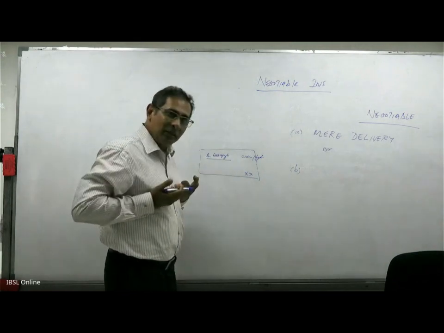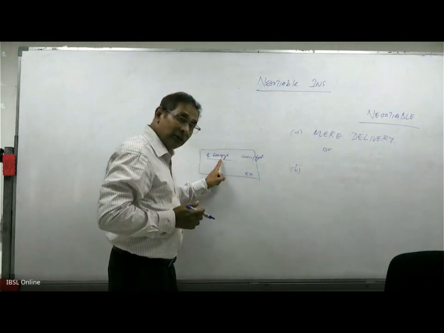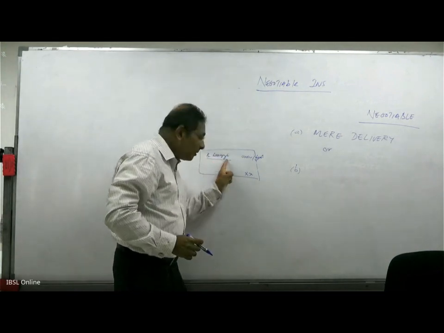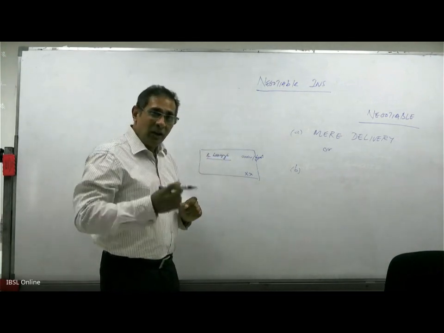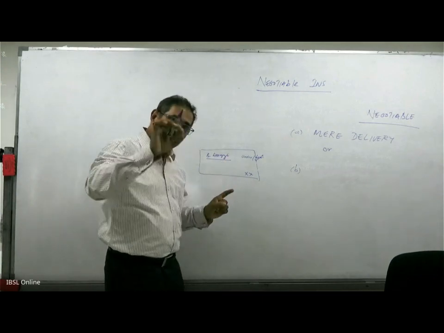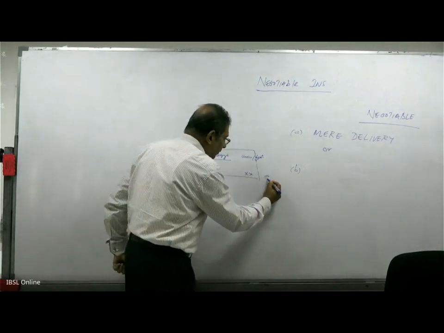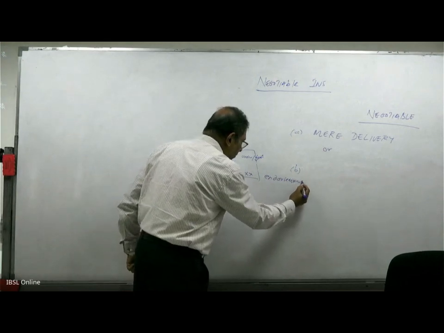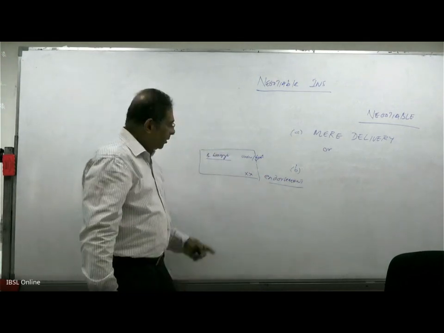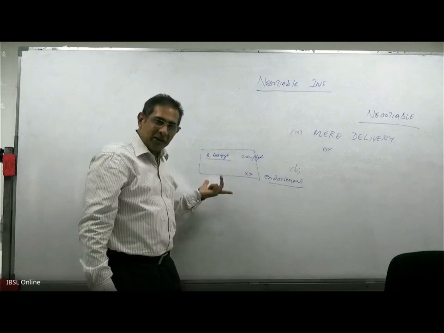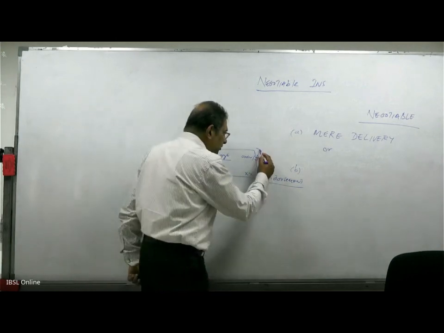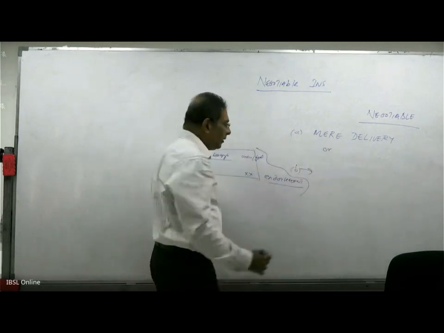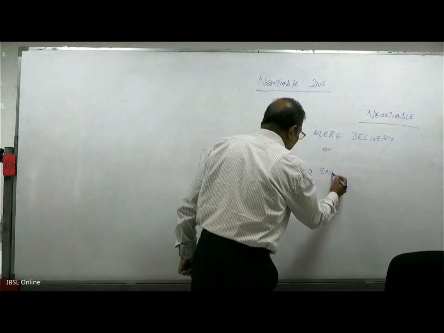I am the payee. Okay, sir, we will give the cash, but you endorse on the reverse of the check. So this particular check requires an endorsement. No sooner do I endorse, this becomes a bearer check. So we put this here: it's mere delivery, or endorsement plus delivery.